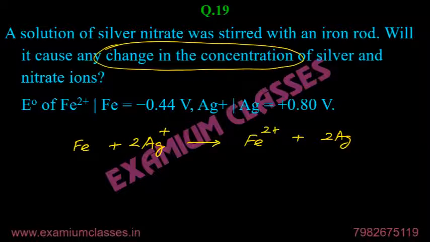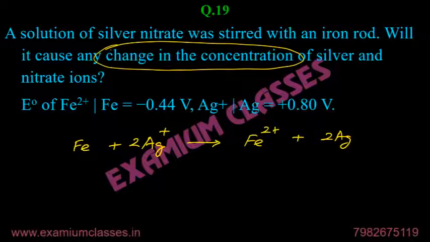Now, again, the question is whether there will be any change in concentration of silver and nitrate ions. Something extra is required here to think in that direction. Your answer is correct.